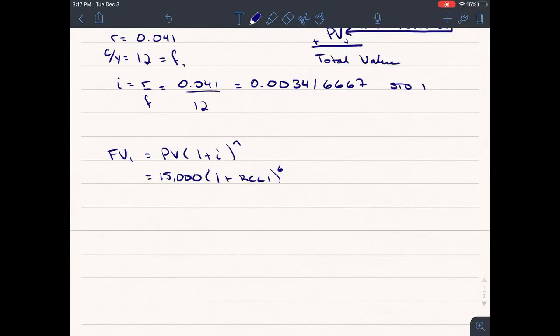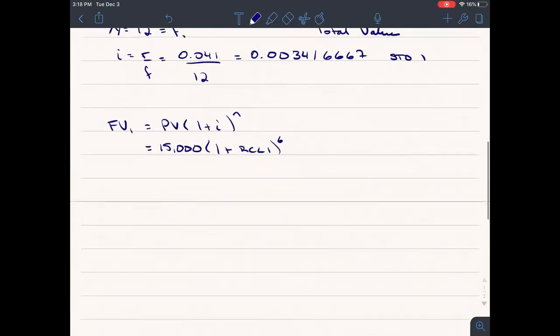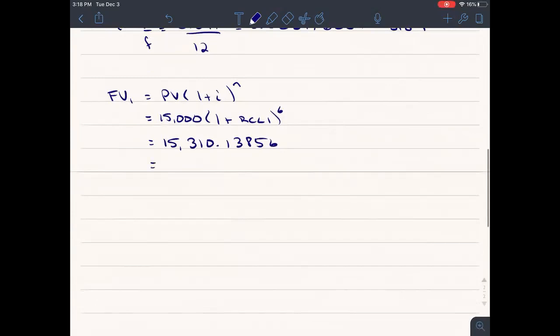So 1 plus recall 1 to the power of 6 times 15,000. My future value is 15,310.13856, which, since we're talking money, we'll round to 2 decimal places: 15,310.14.